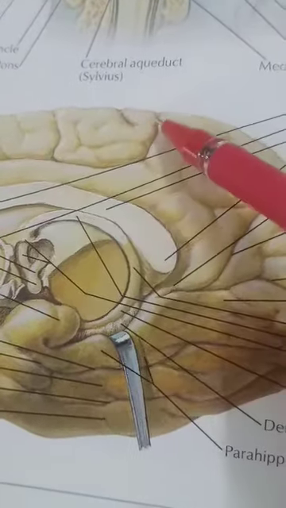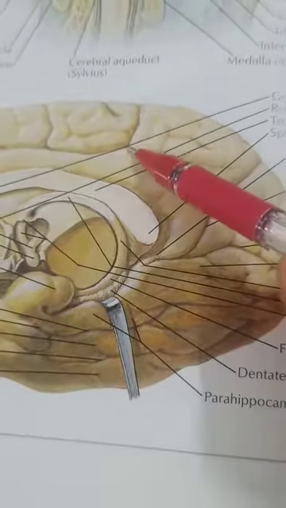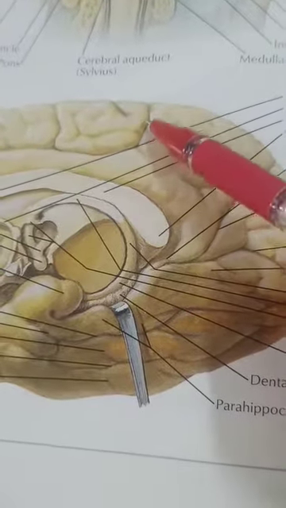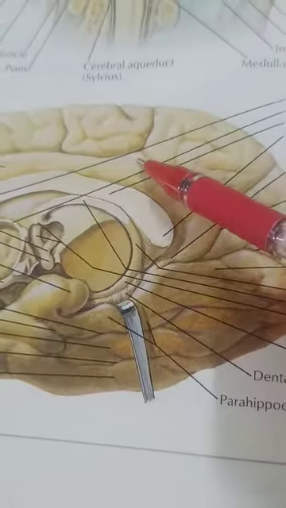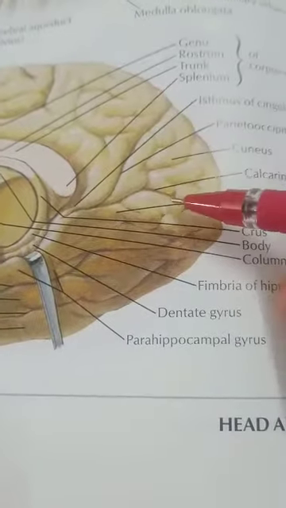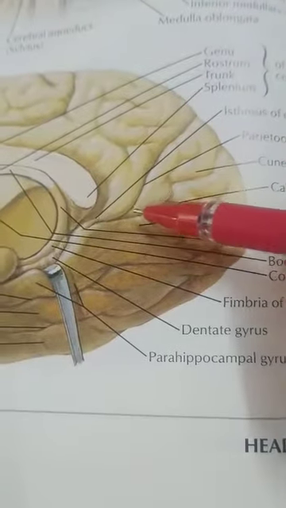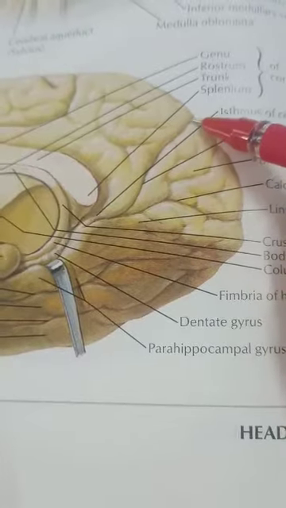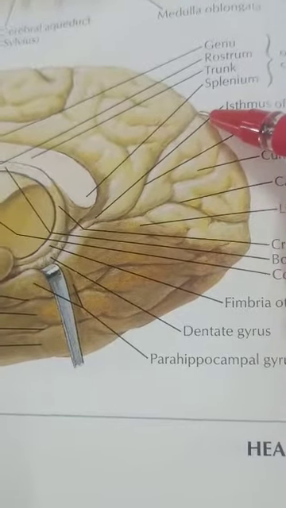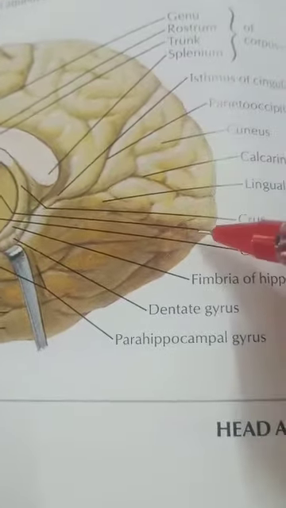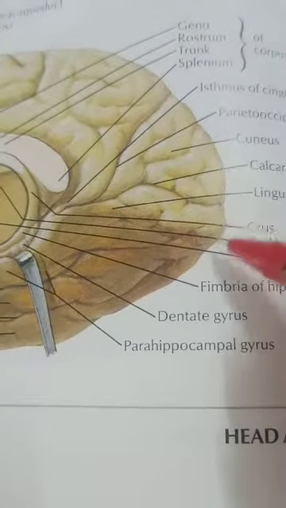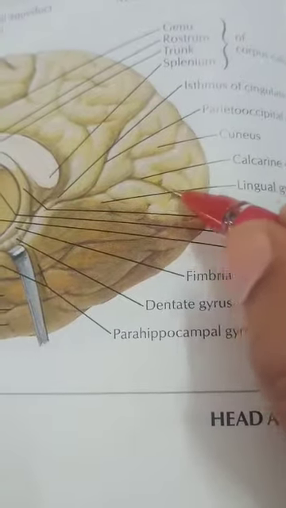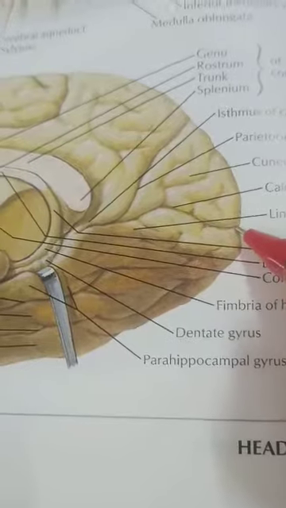Okay. And here we can see centrally there is a large, prominent, deep sulcus that is known as the central sulcus. Near the posterior aspect, we can also see the parieto-occipital sulcus. And here we can also see the calcarine sulcus towards the medial side.